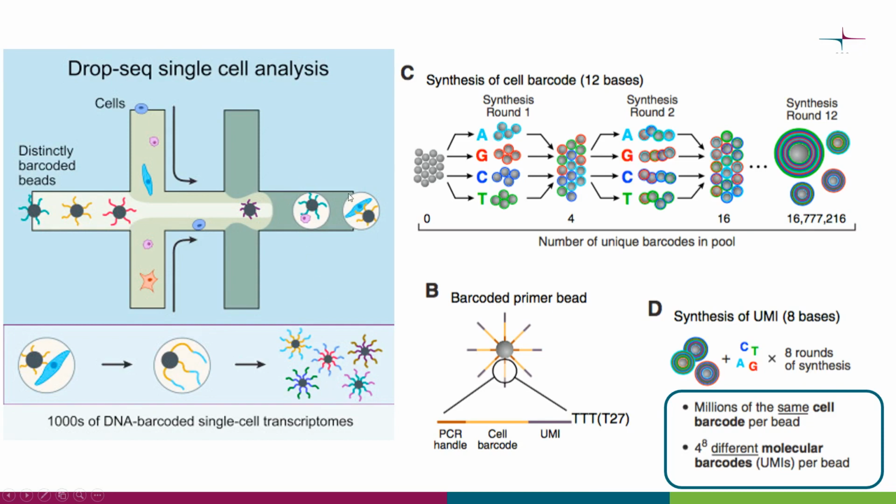What I didn't say is that this process involves various amplification steps, and it's important when we do counting that we really count the actual original transcripts only once. After the UMI in this oligo, there is a long stretch of Ts, and the idea is that the poly-A tail of the mRNA will bind to this. On this slide, you also have an explanation of how the cell barcodes and the UMIs are synthesized. This information is for Drop-seq, and we are not going to go into detail now.